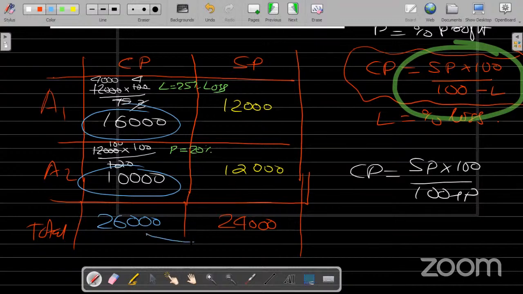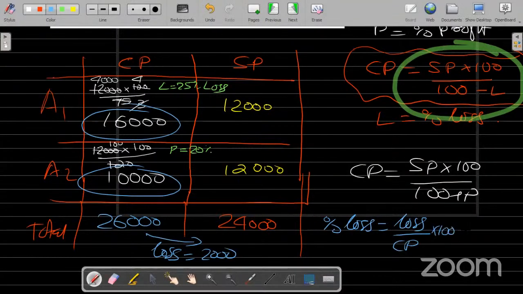That means there's a loss of 2,000. So we need to calculate the percentage loss. Percentage loss is loss by cost price into 100, which is 2,000 by 26,000 into 100. Three zeros go off. 200 by 26. 200 by 25 is 8, so 200 by 26 will be slightly less than 8.